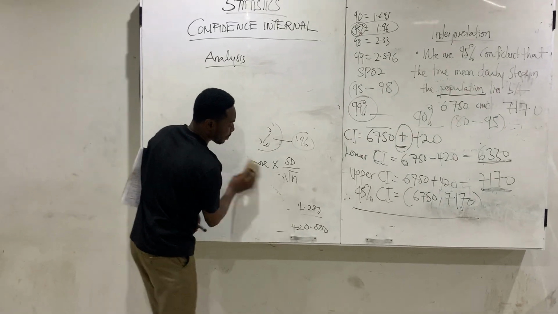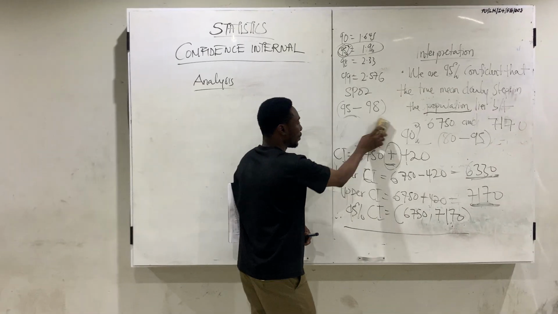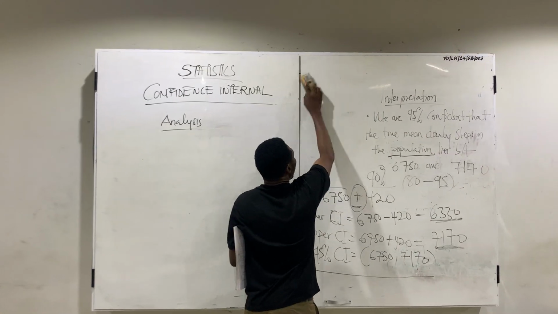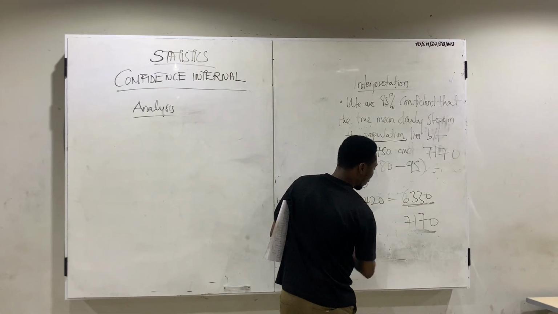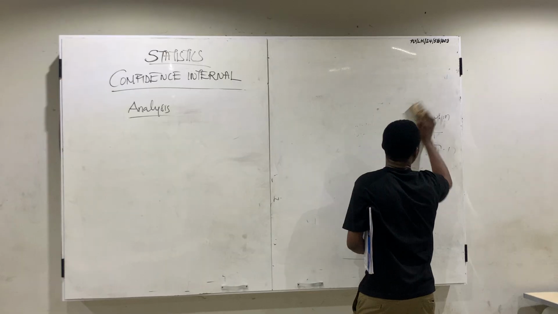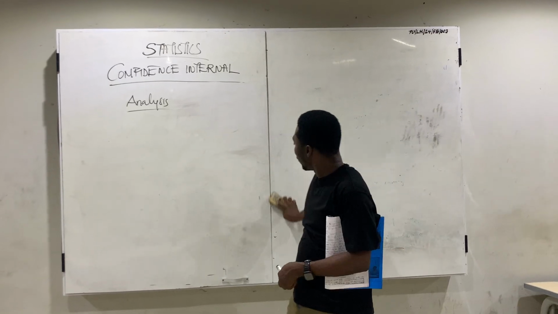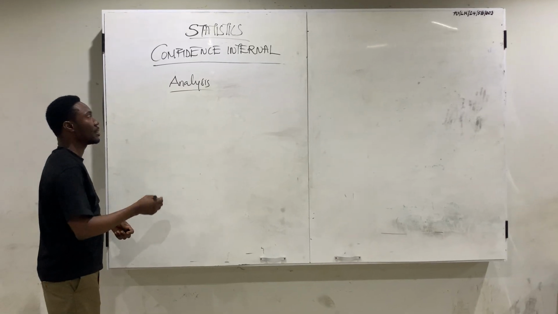And the last example, we focus on the t-distribution example. Now before we look at our last example, let's write the formula for the t-distribution.